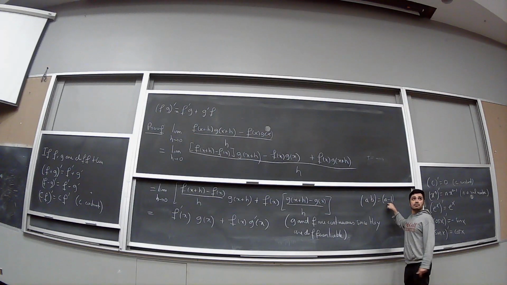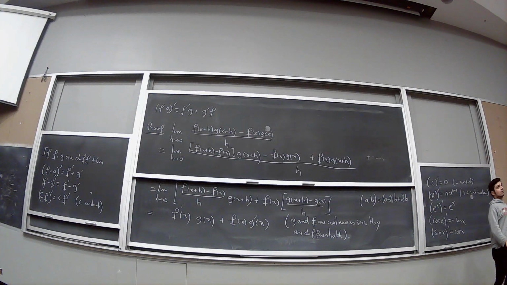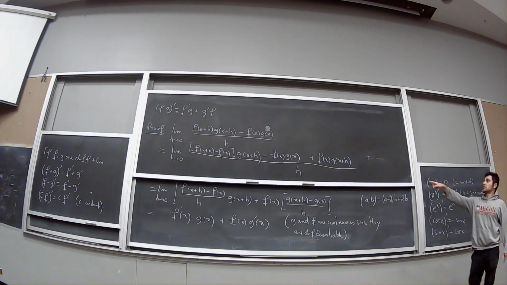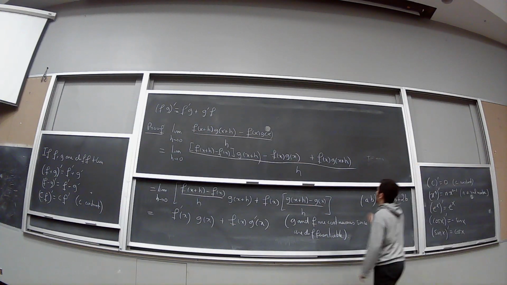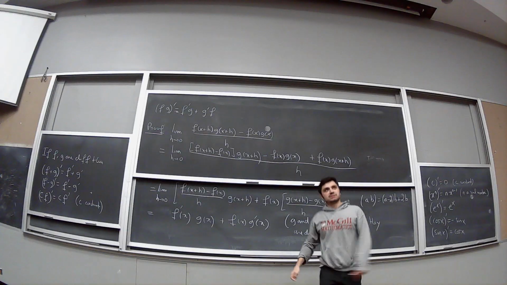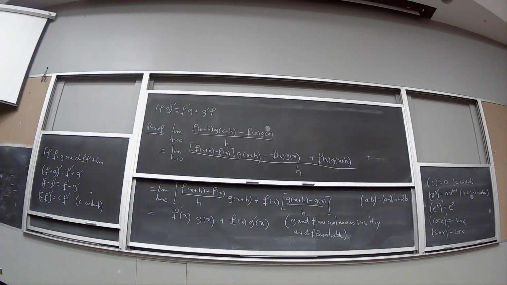Subtract 1 from a, and then multiply it by b. Or let's say, subtract 2 from a, and multiply it by b. What do you have to add to balance it out, so that you get a times b? You subtracted 2b technically, right? And then you add 2b, and then you get back to a times b. I subtracted f of x inside the bracket. In order to balance it out, I have to add f of x times g of x plus h. And I did this just so that I let the derivative appear.